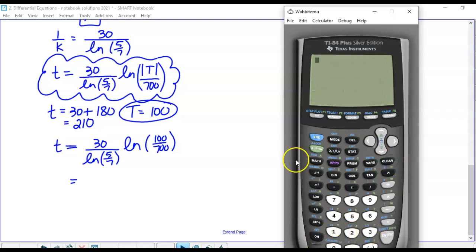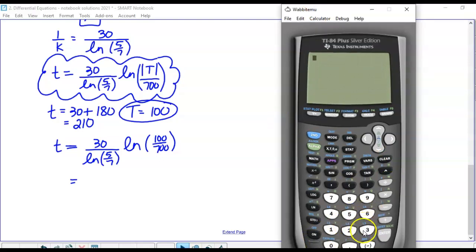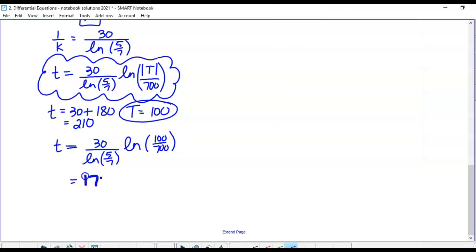So you could go 30 ln 1 divided by 7, because that reduces, close the bracket, divide by ln 5 divided by 7, close that bracket, enter, you get 173.5, which is not close to 210, really. Not close.